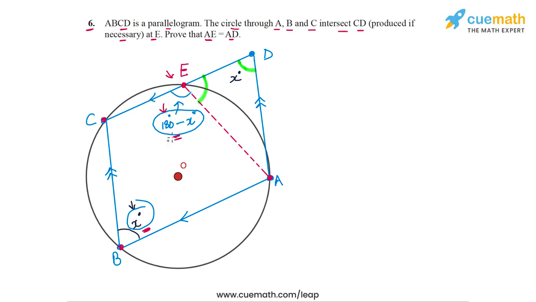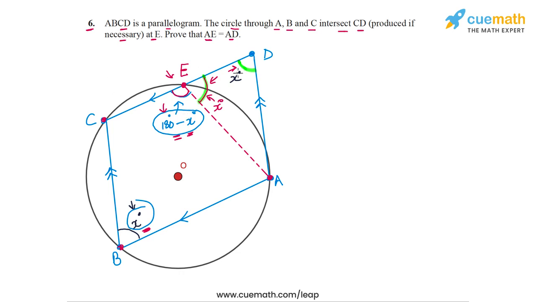Finally, if this is 180 minus x, then what is this angle? Well, these two angles, angle CEA and angle DEA, form a linear pair of angles. So if this is 180 minus x, then this must be equal to x. And so the angle at E and the angle at D inside triangle ADE are equal.